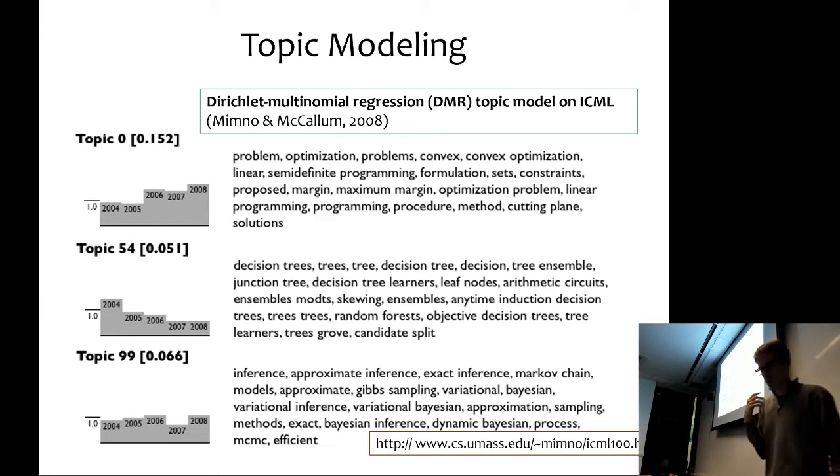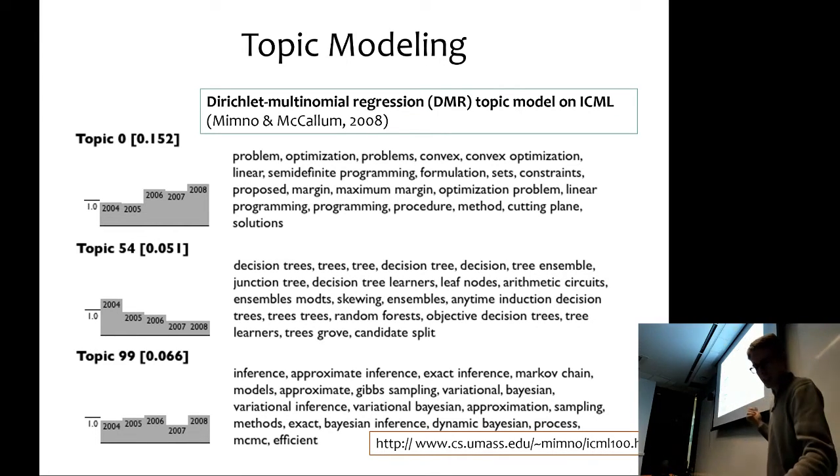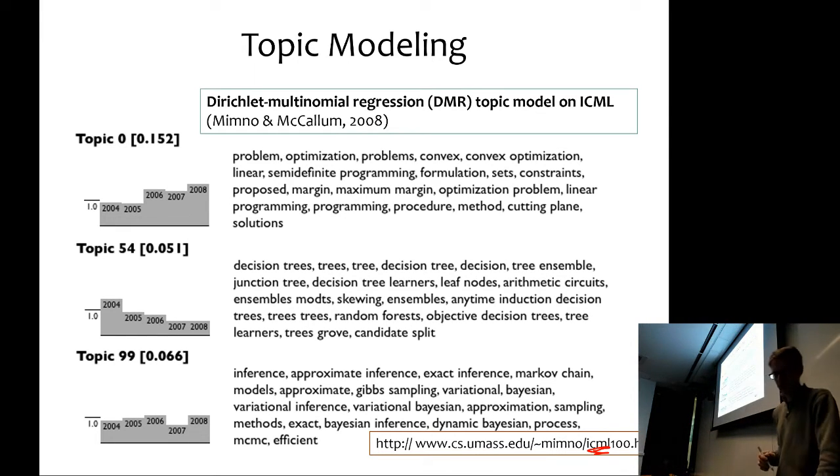Okay, so when we talk about topics, what we mean are ways of describing these thematic categories that appear. So this is actually topics drawn from one of the models of the variety that we'll talk about today, but run on a corpus of machine learning papers from a conference. Oh, sorry, this is maybe ICML, the International Conference on Machine Learning.